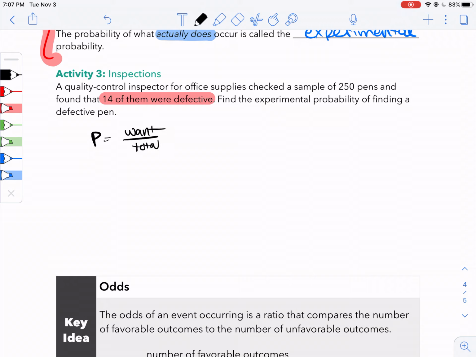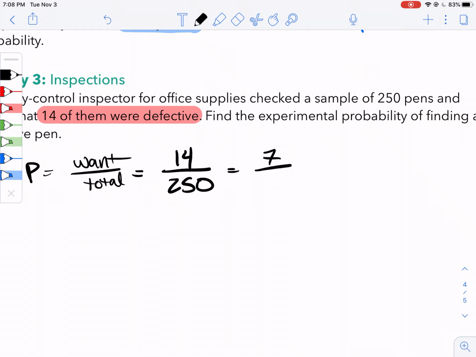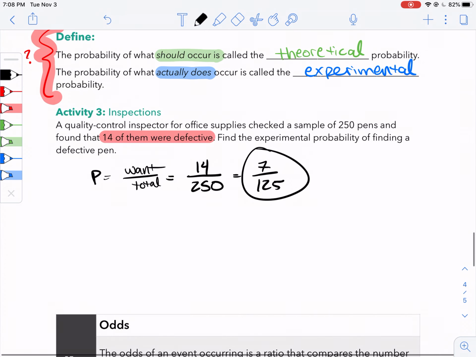So 14 out of a total of 250 pens were defective, and 14 out of 250 reduces to 7 over 125. There, that's our probability.